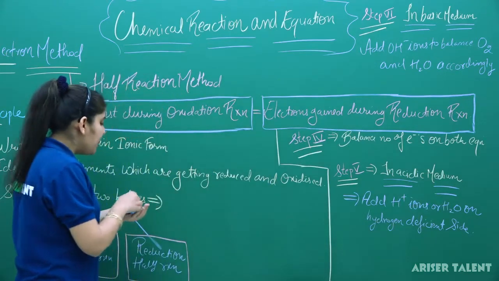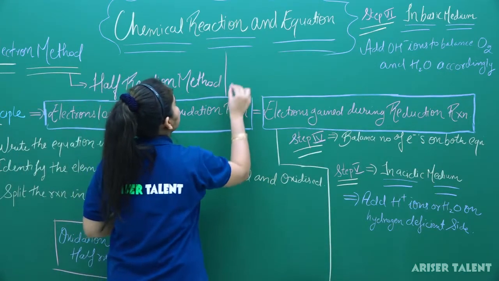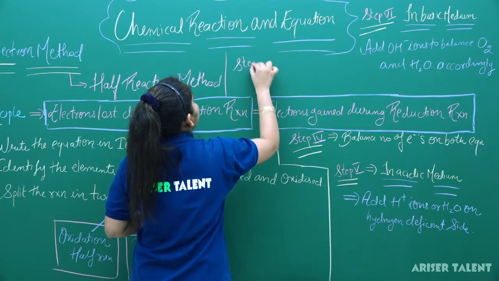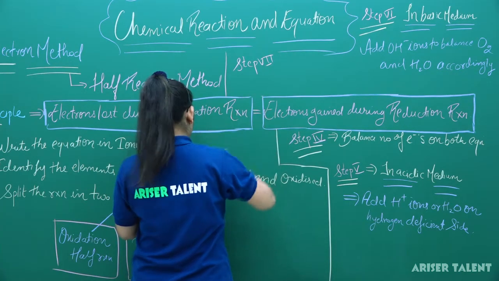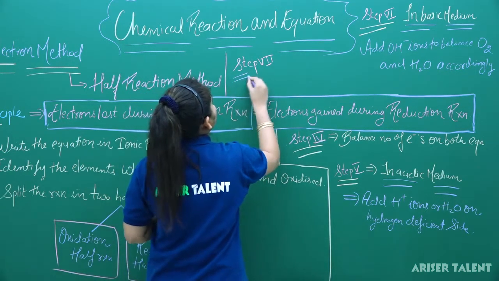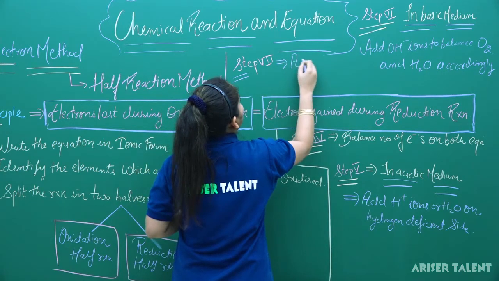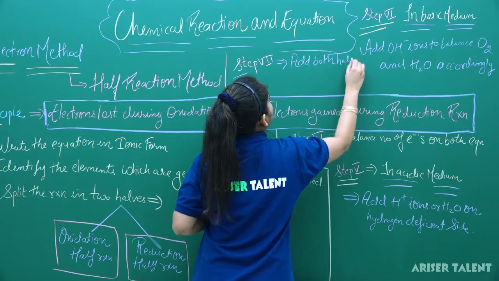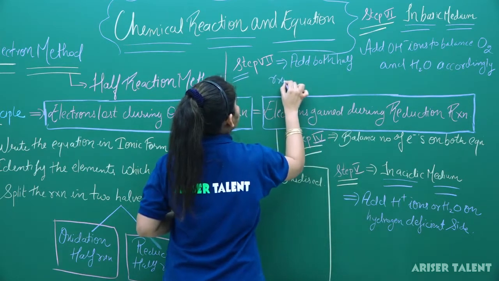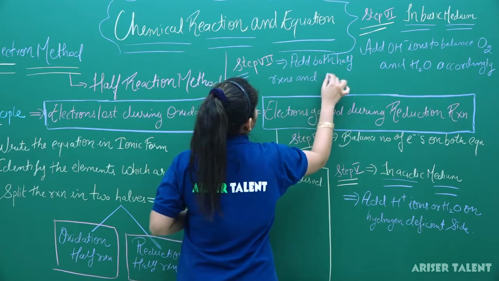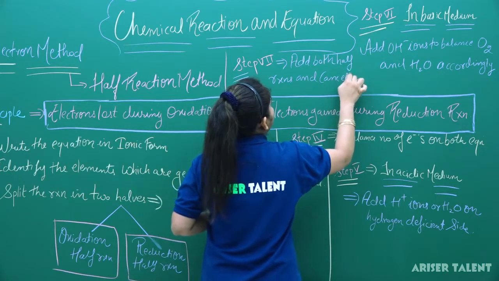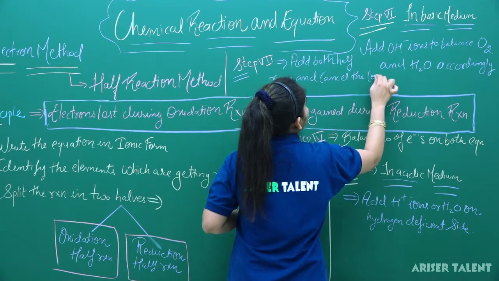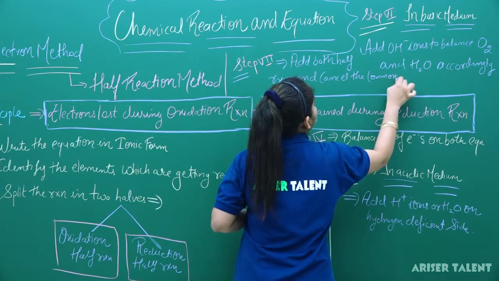So our step number 7 will be: add both half reactions and cancel the common terms.